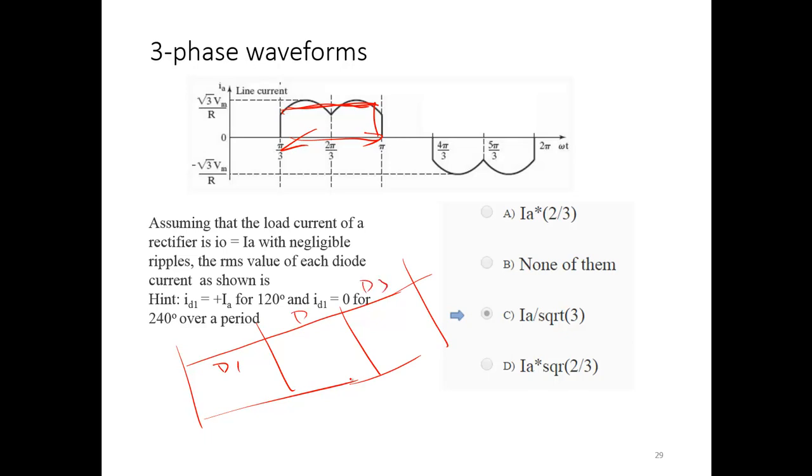That means the RMS value of the diode current will be IA by square root of 3, because it is shared by the 3 of them.